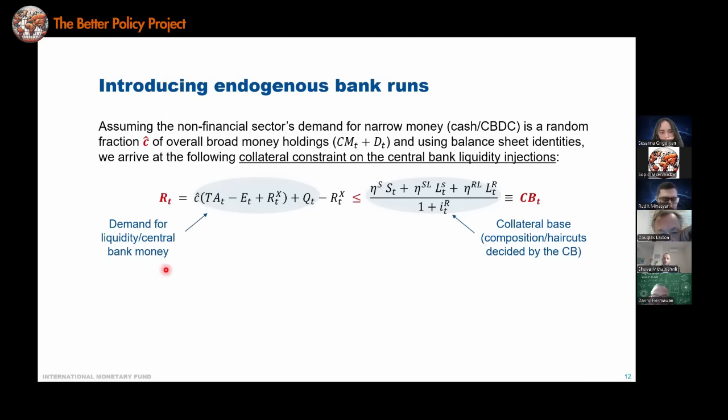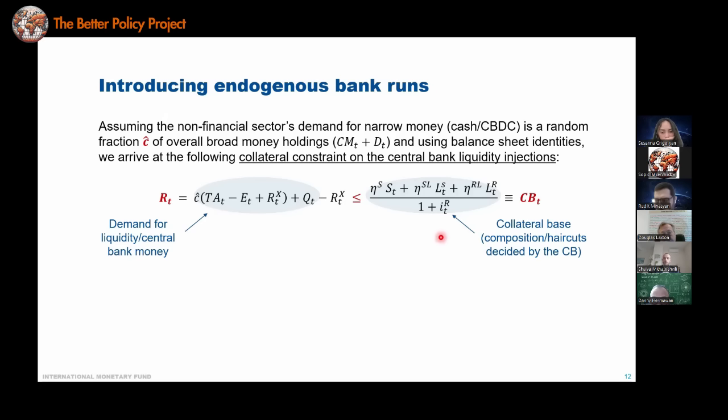The liquidity risk comes from the fact that banks initially do not know how much deposits will flow out from their balance sheet. This C hat is stochastic, and it's not known to banks at the time of loan extension. But this thing on the left-hand side can turn out to be so high that it can violate this inequality. This demand for liquidity can exceed the collateral base.